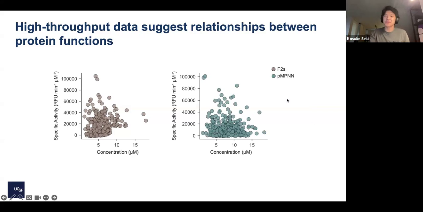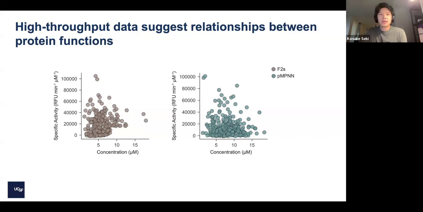We see the same type of trade-off in ProteinMPNN designs. High activity variants are typically found at low concentrations, whereas variants that have very high concentration are typically low to moderate activity. I think that's an interesting trade-off that suggests this may be inherent to many proteins, which is that as you get more stable, you get less active, for example.